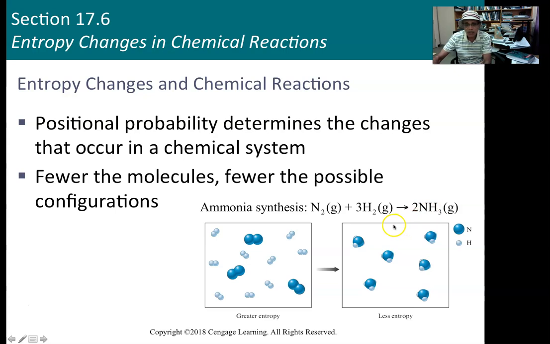So in terms of positional probability, this forward reaction should be non-spontaneous. Why? Because you have a much lesser positional probability in the product compared to the reactant side. So greater entropy, less entropy.